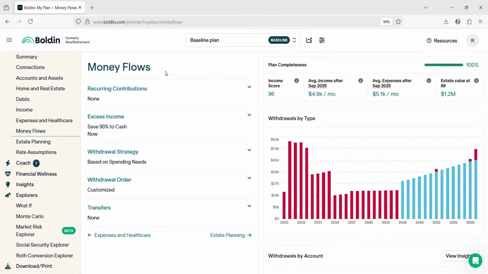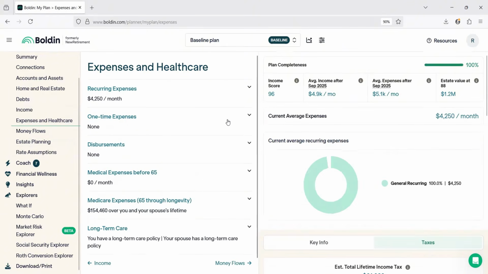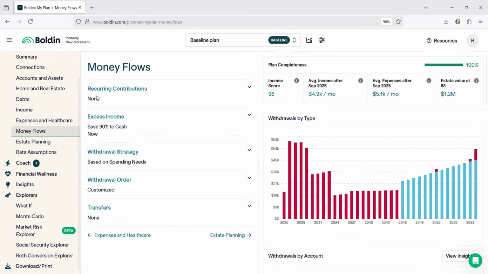You may want to think about, with your expenses, one-time expenses like a new car, a roof on the home, repairs, anything like that. You may want to include that, but money flows, I just have the excess income saving 90% to cash.